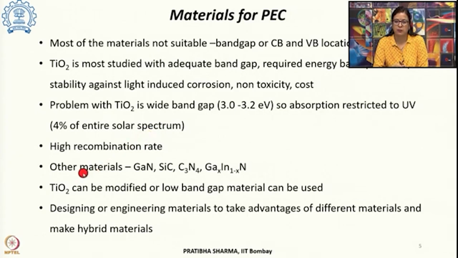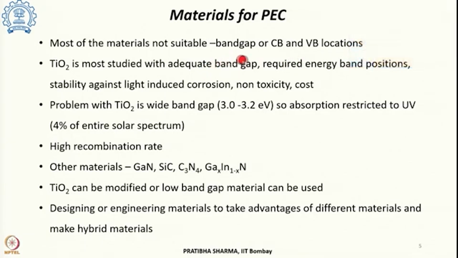Now, there are other possible materials which satisfy the two required conditions of band gap and the locations of the conduction and valence band, like gallium nitride, silicon carbide, C3N4, gallium indium nitride. So, these materials can also be used for photoelectrochemical reactions.